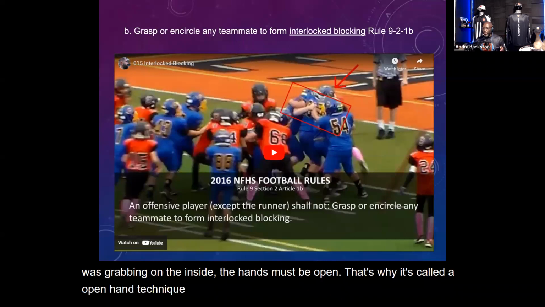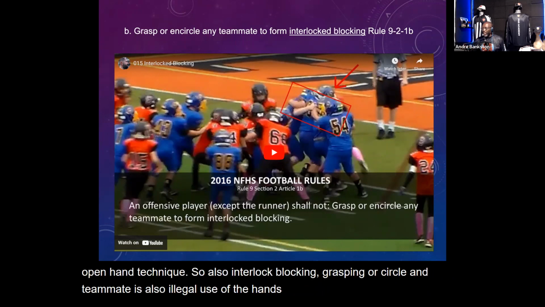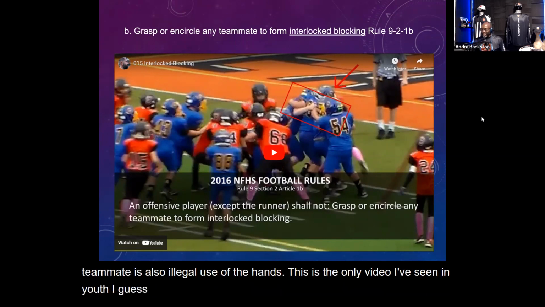So also, interlock blocking, grasping or circling a teammate is also illegal use of the hands. This is the only video I've seen in youth. I guess it was done in 2016. Let's look at it real fast.